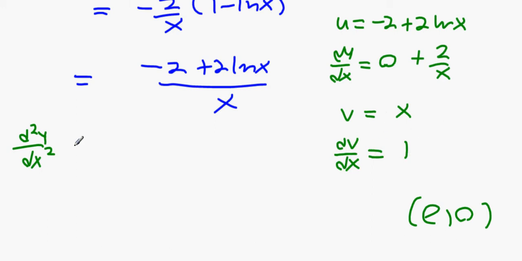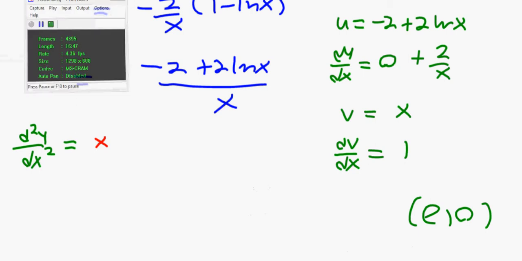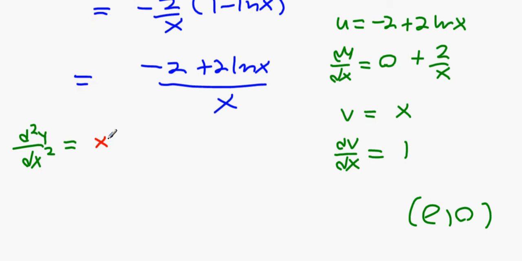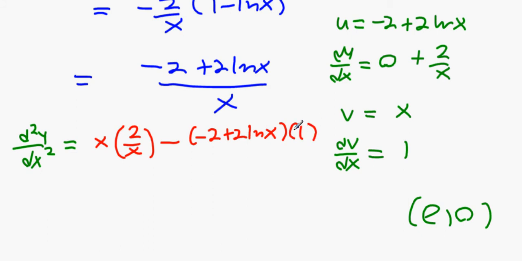Okay, so we're going to do the quotient rule on this now, and we're going to get v times du/dx, which is going to be x times 2 over x, and then minus u times dv/dx, which is going to be minus 2 plus 2 ln x times dv/dx, which is 1. So we might multiply minus 1 by 1.